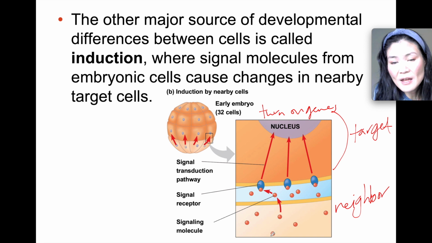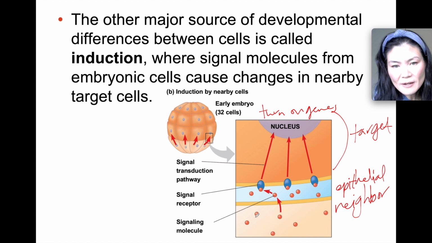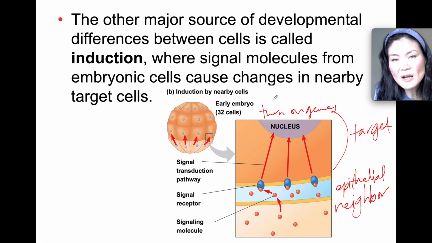Let's just say that this neighboring cell is an epithelial cell or like a skin cell. And so it's going to release these signal proteins that are going to cause the target cell to become also an epithelial cell.